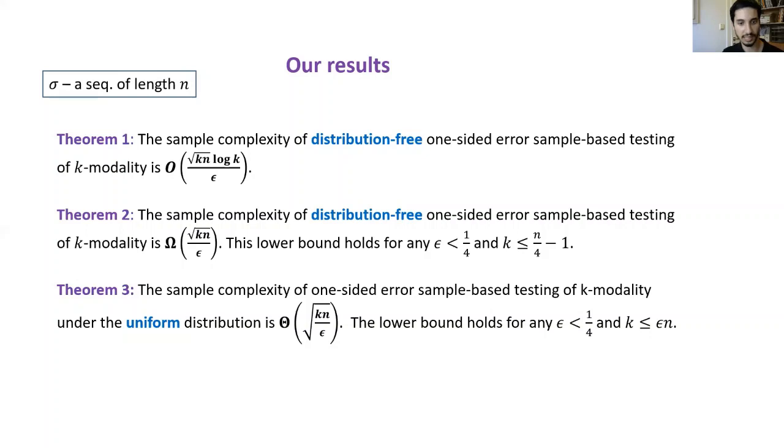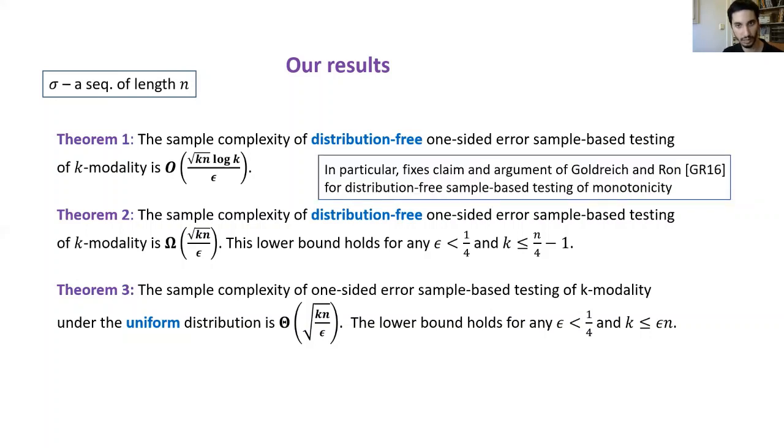And our third result is completely tight bounds for testing under the uniform distribution. We show that the sample complexity in this case is exactly square root of kn over epsilon. In particular, our first result fixes a claim and argument of Goldreich and Ron for distribution-free sample-based testing of monotonicity.